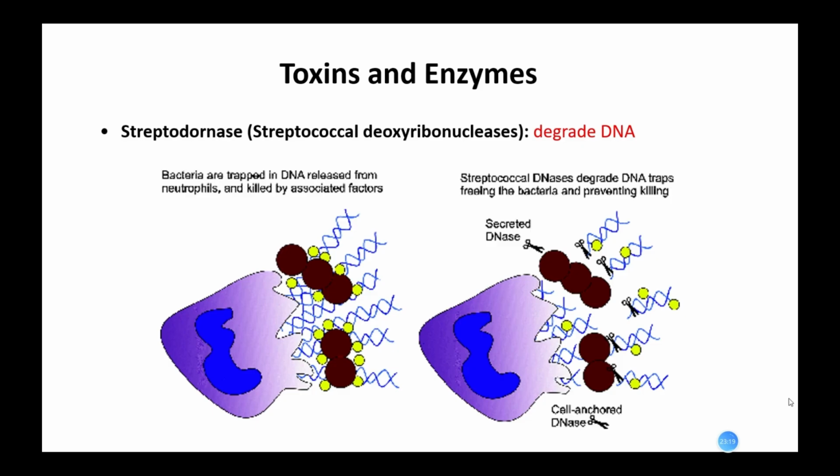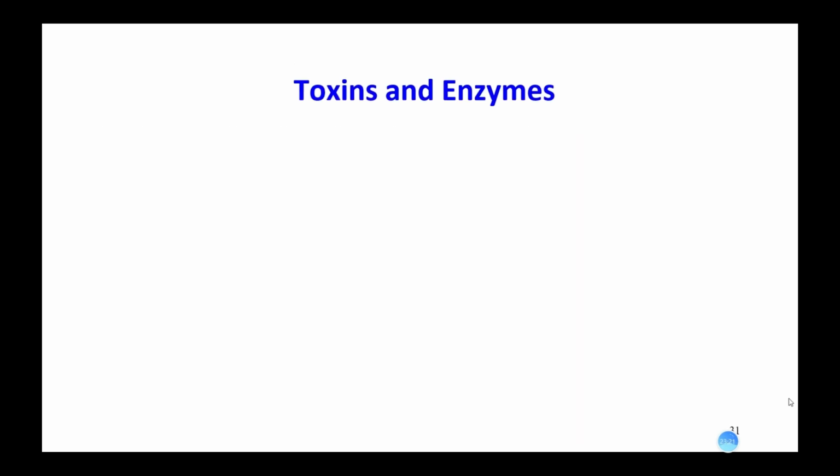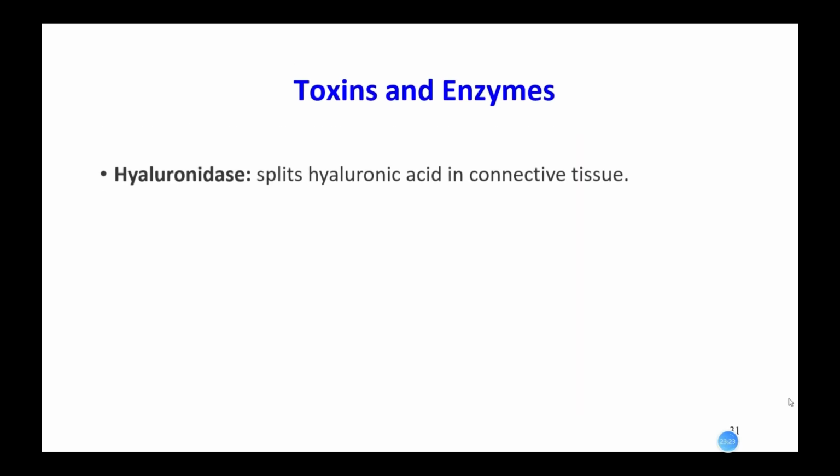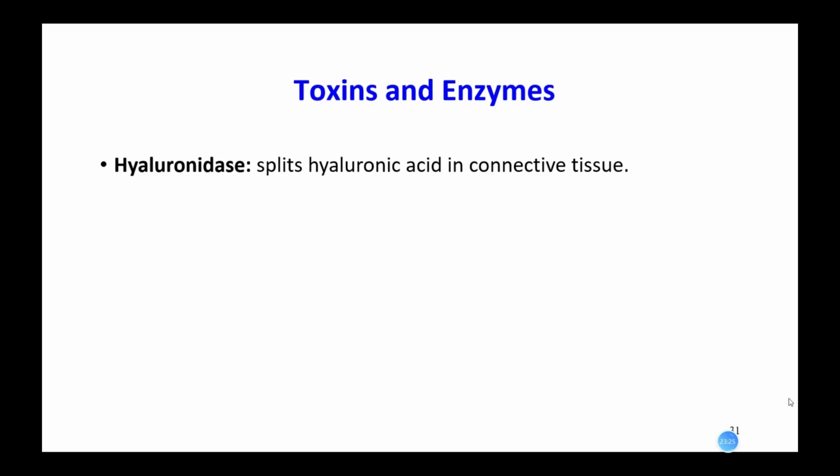It's DNase. It can also produce hyaluronidase. We learned this before. So that's the enzyme which can hydrolyze hyaluronic acid, which is the important component in the connective tissue. So that can also help the bacteria to escape and evade.